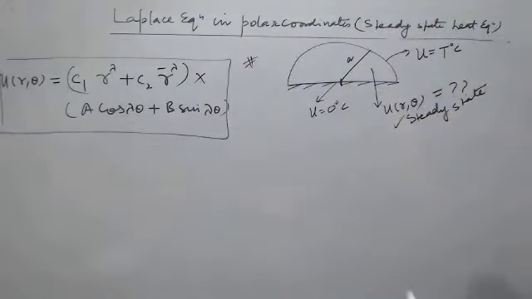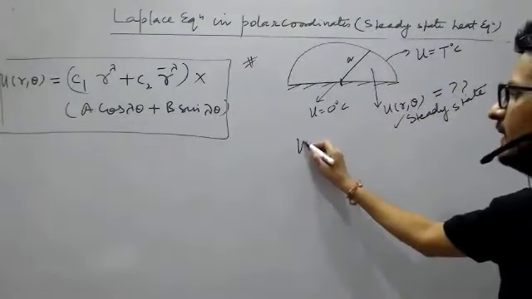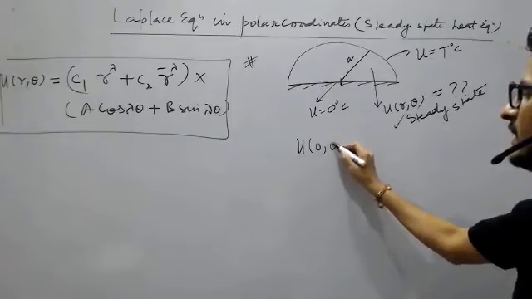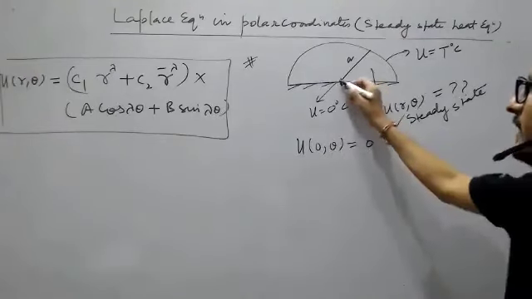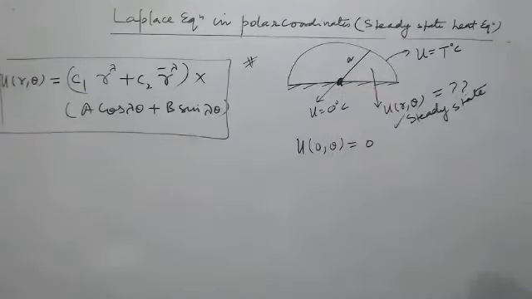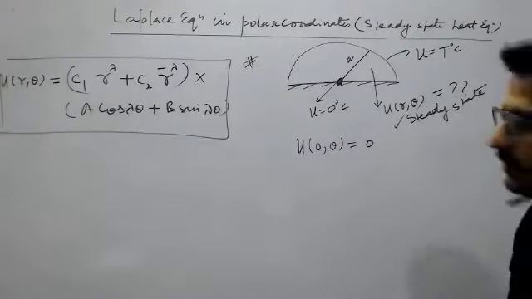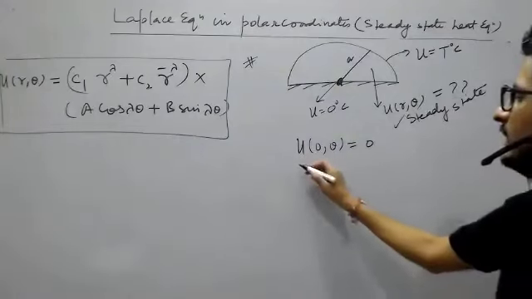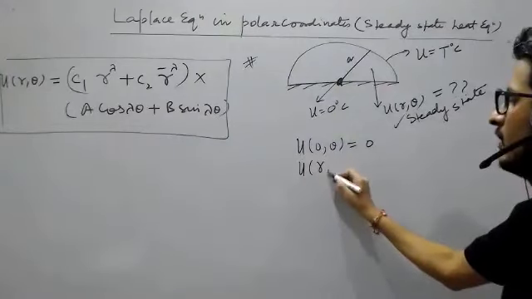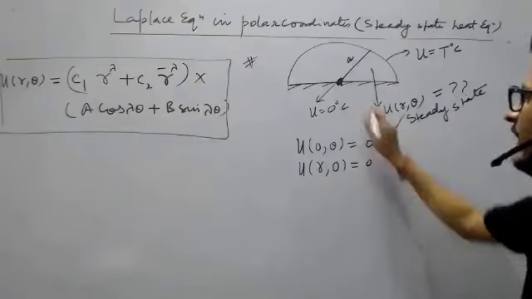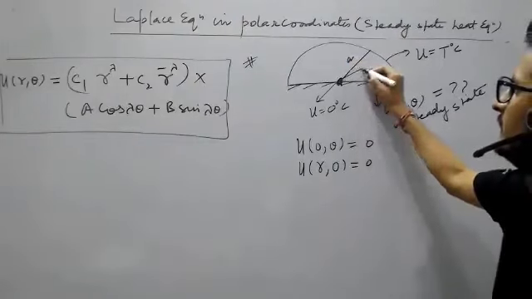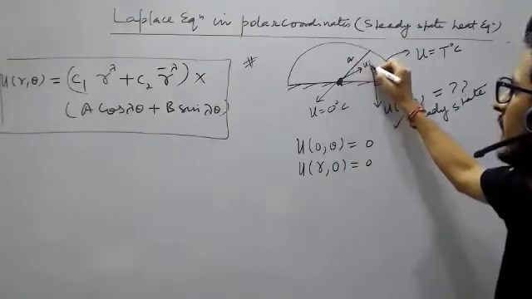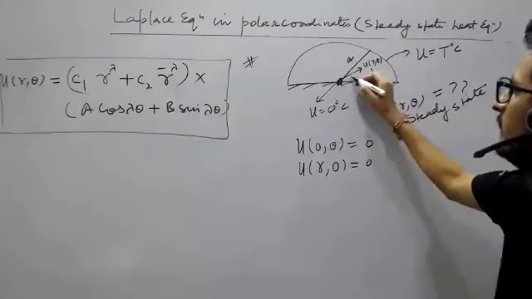So what are the boundary conditions with this? First one is u of 0 comma theta is 0, because if you are at this point, that means this point will be at the diameter which is in contact with ice, suppose 0 degrees Celsius. Then u of r comma 0 is also 0, because if the angle is 0, so this is in general some u of r comma theta, this is angle theta.